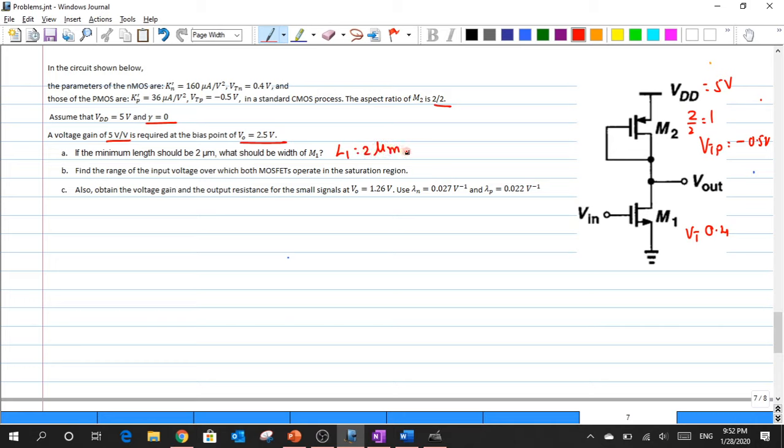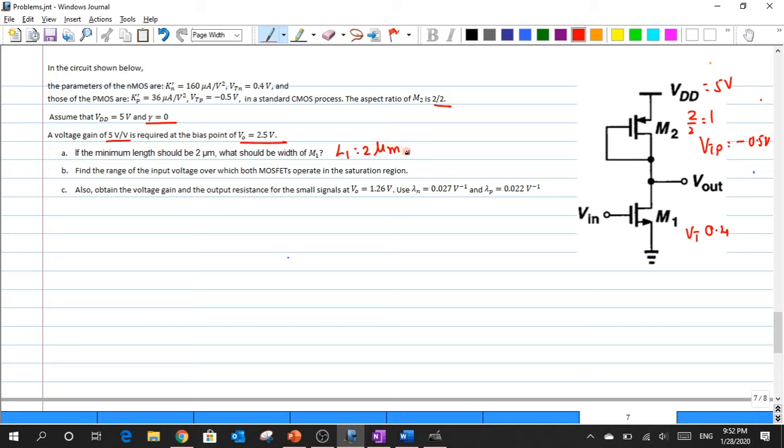Now, how do we find the width of this particular structure? The current value of M2 can be easily computed because we know the aspect ratio, the Kp dash value, the threshold voltage, along with the source potential, which is right now at 5 volt.